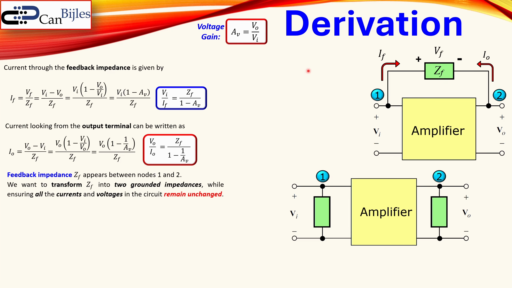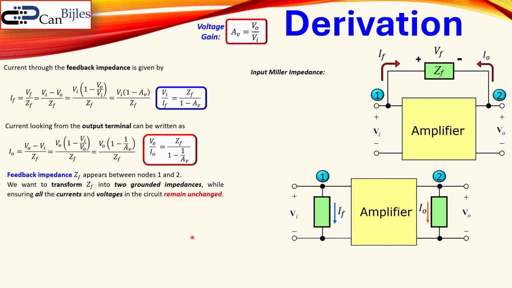That is the condition. Okay. So this current IF, which is also flowing here, will also be flowing there, because that's VI over IF. And that impedance will be given by this expression shortly. And IO here is also flowing in this branch, which is then VO over IO, which is given in this expression.